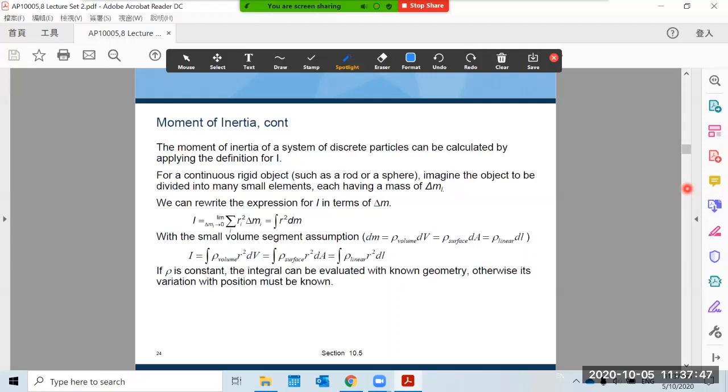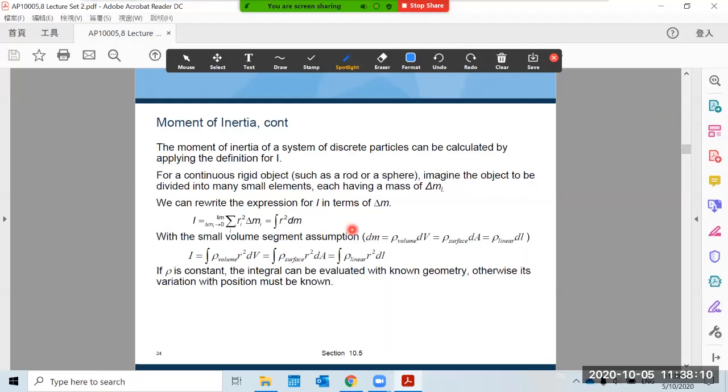In most cases, the moment of inertia has to be calculated by integration. But the concept of the moment of inertia is that you have to consider the distribution of the particles as well as the mass of the individual particles in a rigid body.